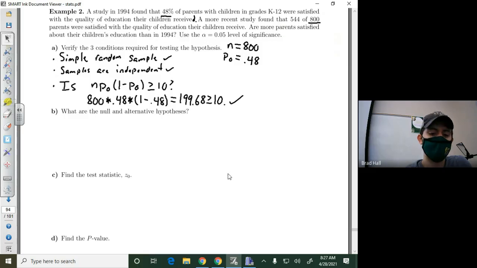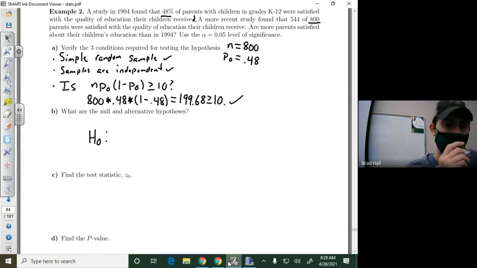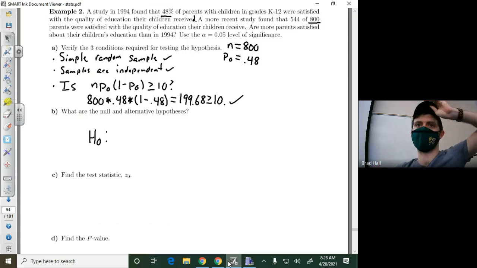Now from here, we can go ahead and determine, just like we did in the previous section, what are the null and alternative hypotheses? And so remember, the null hypothesis is H0. What we did in the previous section, we needed to determine what the symbolism was, and we needed to figure out what ultimately the p0 value is, the assumed proportion, to start off with the null hypothesis.